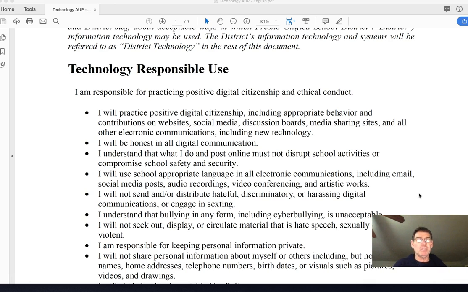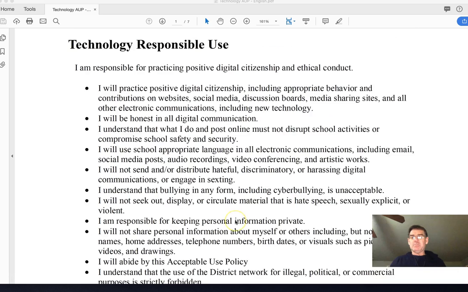And it's something that you're going to want to continue to practice as an adult, as a college student, and then as an employee, because you're going to in the future be working for a company that has their own acceptable use policies, or you yourself will have a business that you need to share with your employees about the way that you use technology within that business.